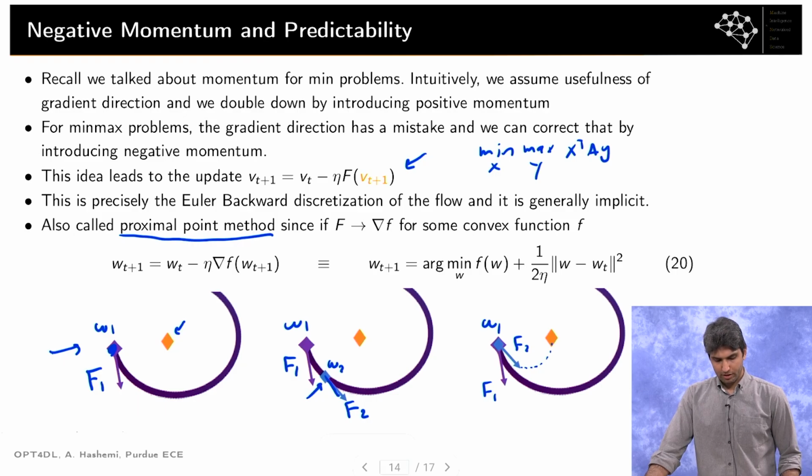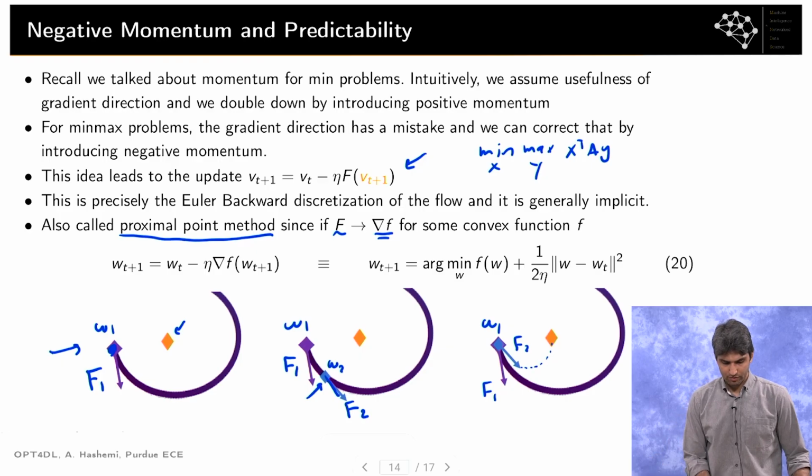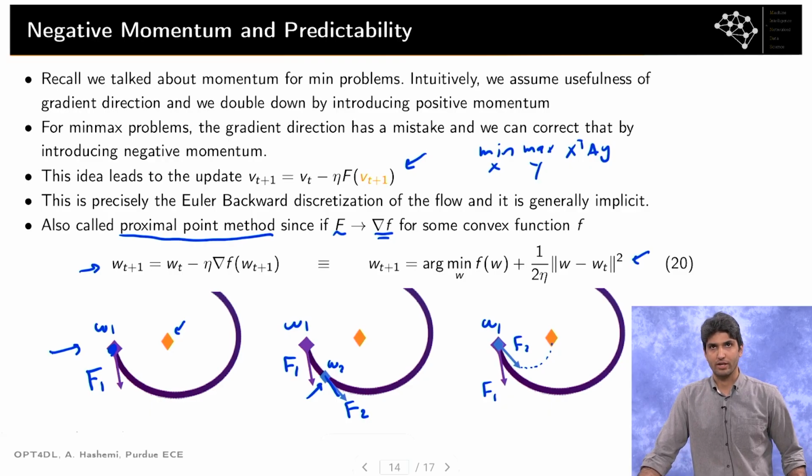So why is it called the proximal point method? Well, if you replace this capital F with the gradient of some scalar convex function f, what you can show is that the implicit update I've written here is actually equivalent to what I've written on the right-hand side of equation 20.